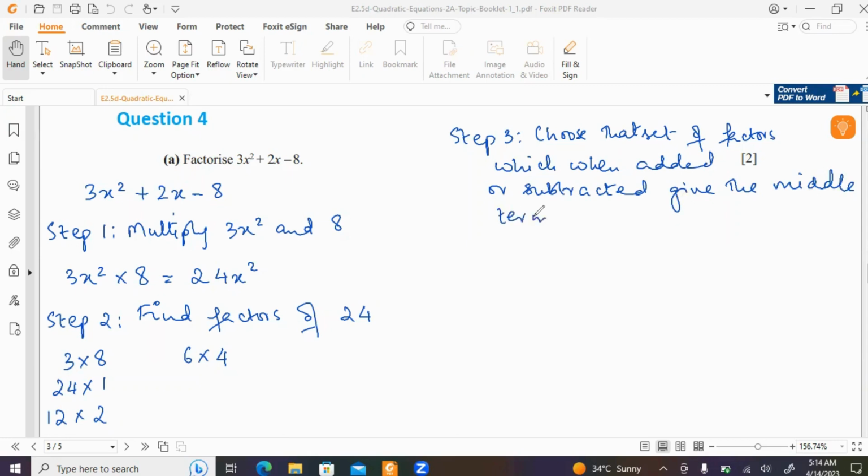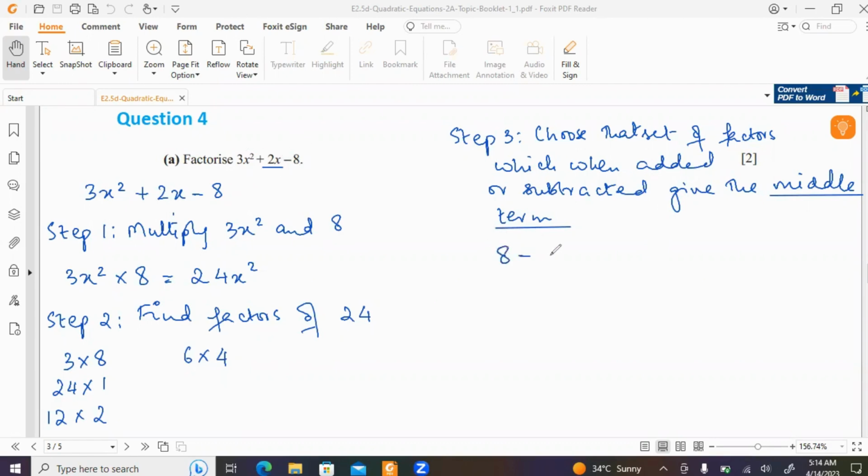Now, when I say middle term, I am referring to the term with just x. So we need to pick that set of factors from step 2 which when added or subtracted give the middle term, which is 2x.